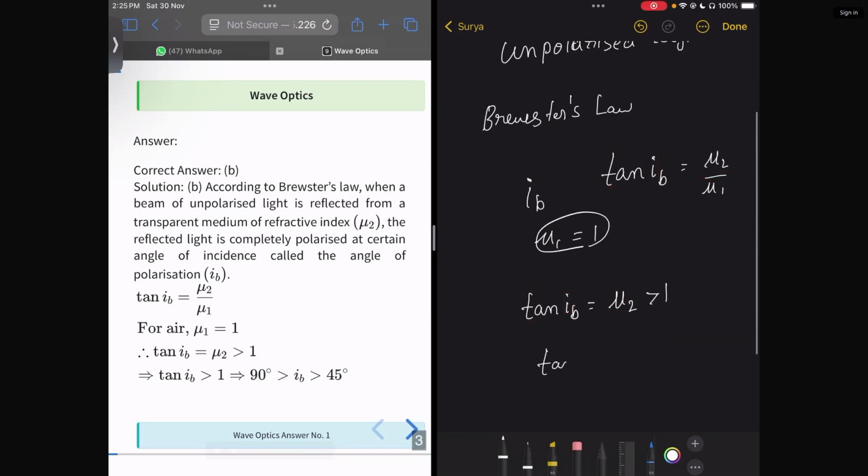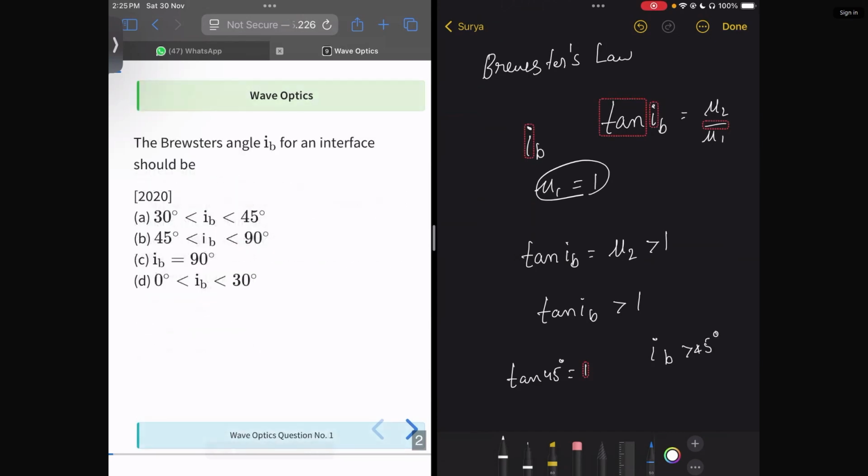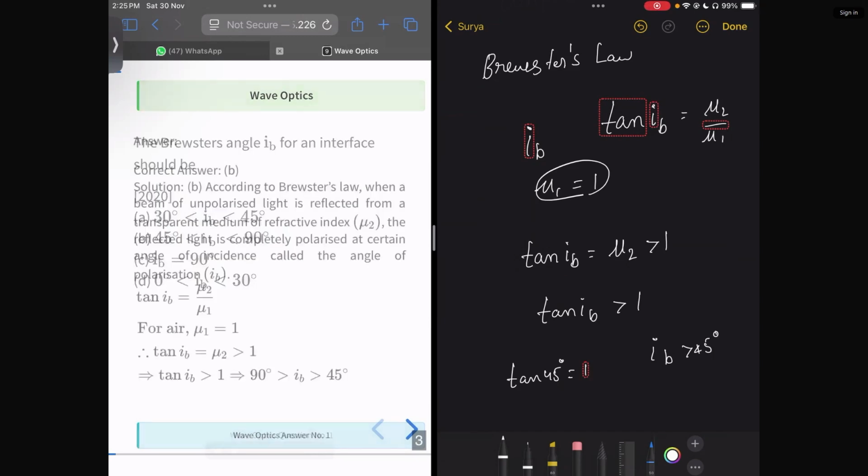So tan iB should be greater than 1. Definitely tan 45 degrees is equal to 1, so iB should be greater than 45 degrees and less than 90 degrees. So option B is the right answer.